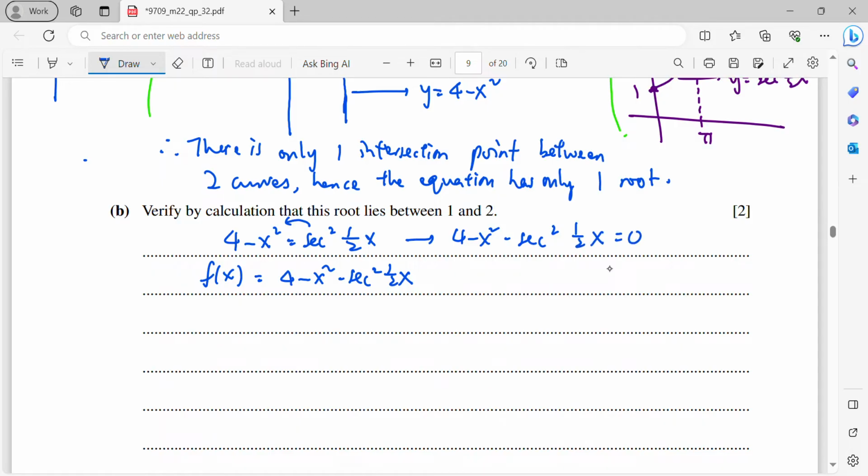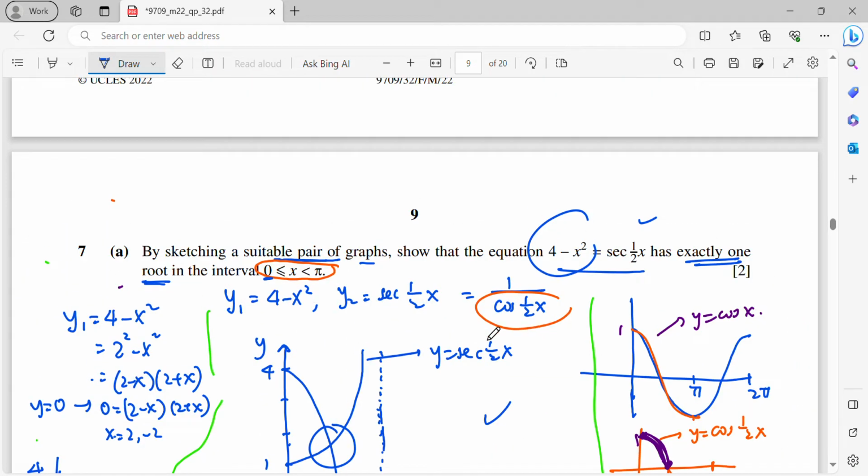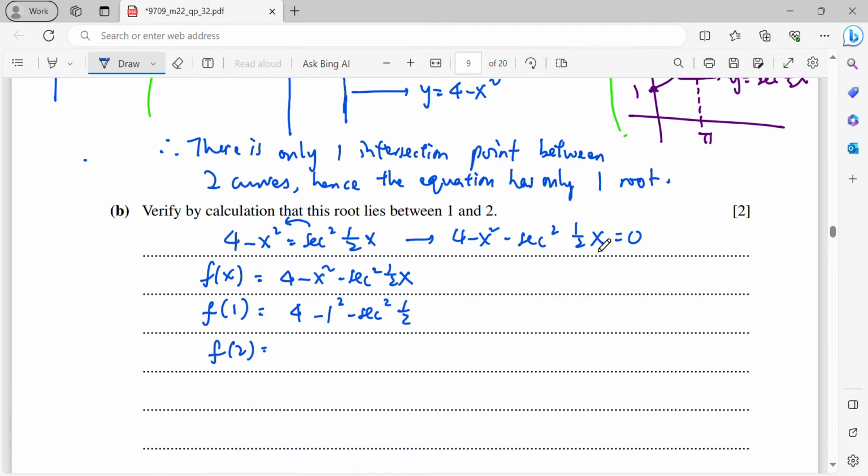To show that the root lies between 1 and 2, I need to calculate f(1) and f(2). So it will be 4 minus 1 squared minus sec(1/2). Sorry, it is not sec squared, it's sec(x/2). Mistake here, this is no square.